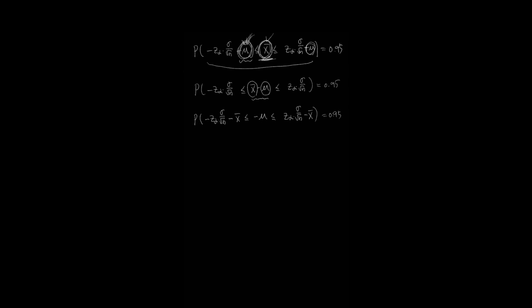So we're going to multiply by -1 into the inequality, and because we multiply by a negative value, the direction of the inequality changes. So this value will come here, so it would be minus z alpha and standard error, and plus X bar, and it would be just mu, right?